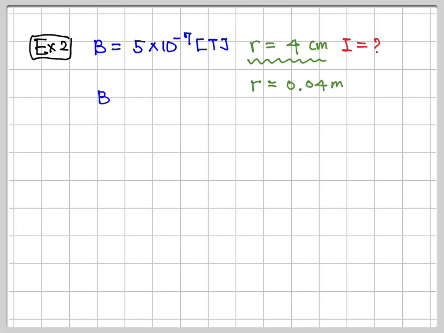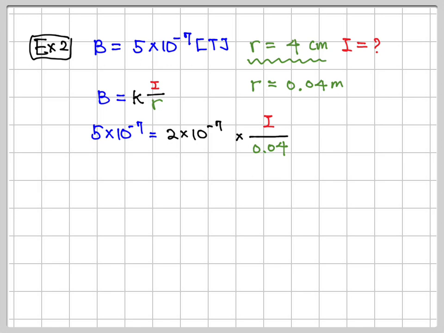Now, let's use the formula. Magnetic field is 5 times 10 to the power of negative 7, and K is 2 times 10 to the power of negative 7, and current is unknown, and distance is 0.04.